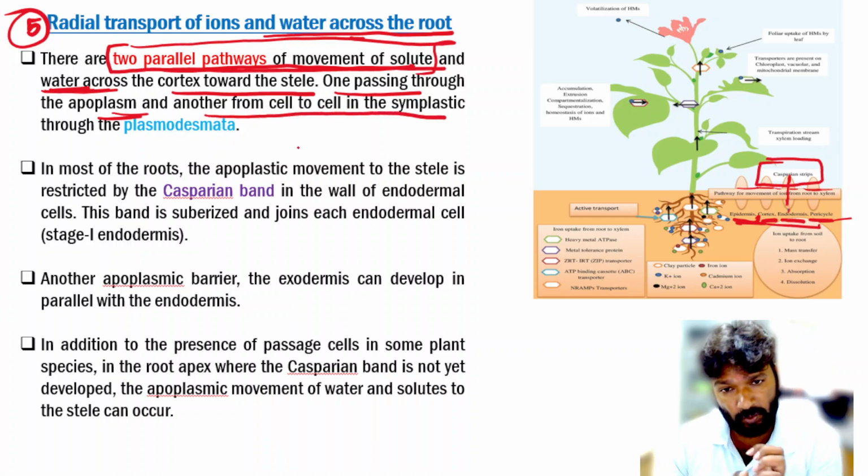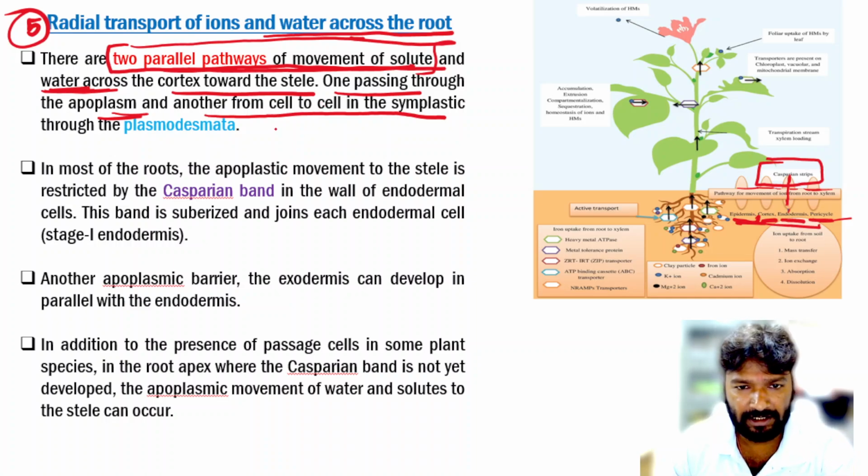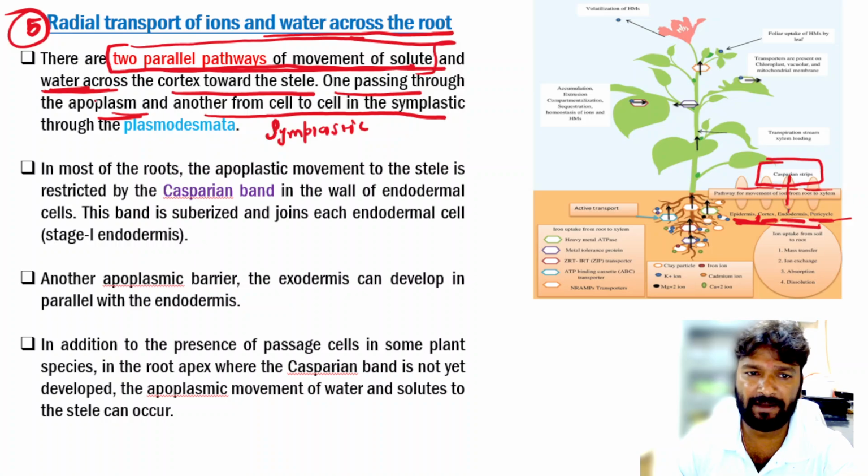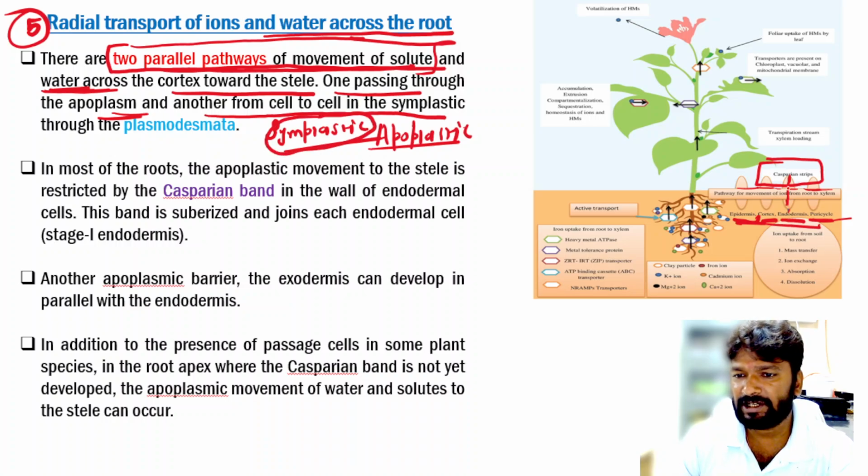So there are two pathways, that is known as symplastic, and the second one is the apoplastic. Okay, so in the symplastic pathway, the nutrients move via plasmodesmata.